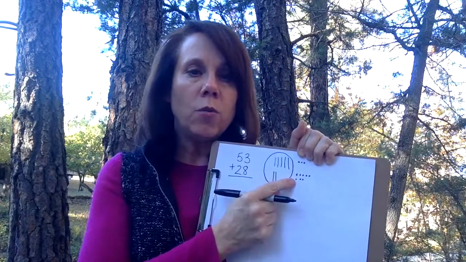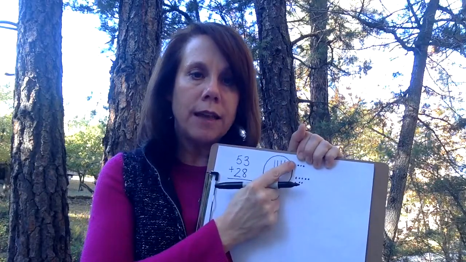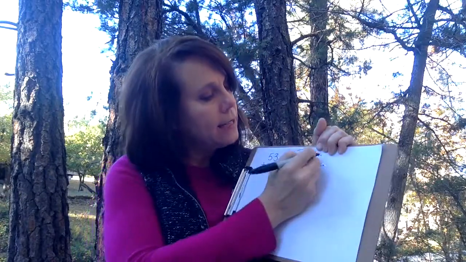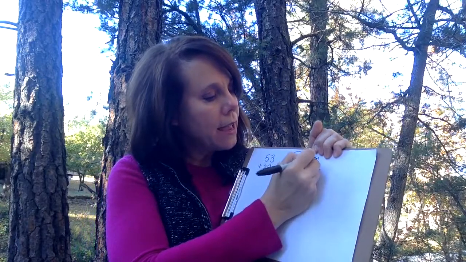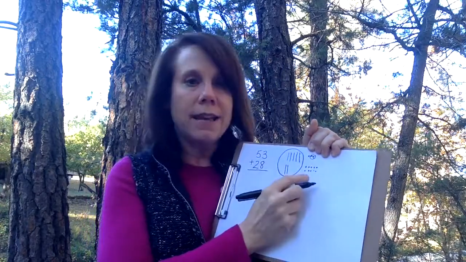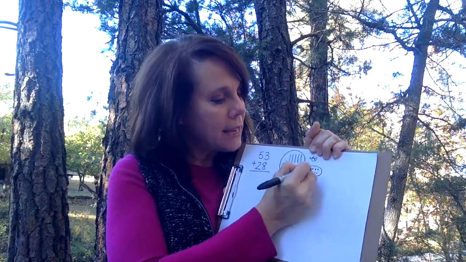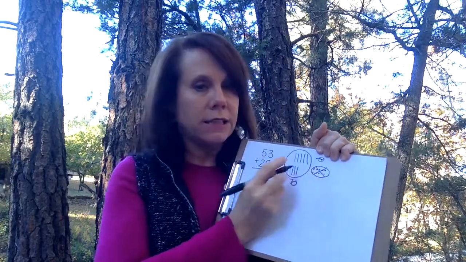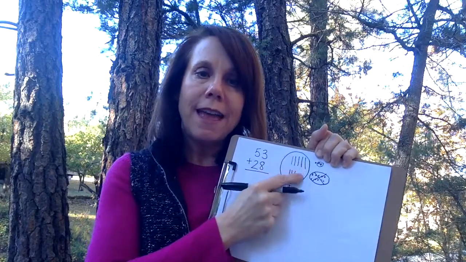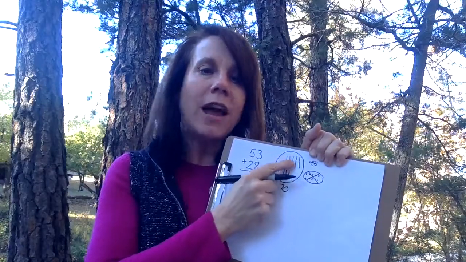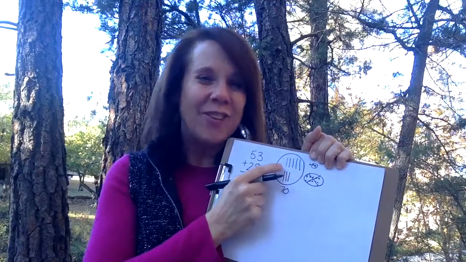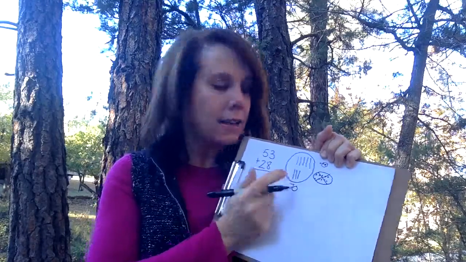And then over here on the ones place, I can see that I have 3 and 8. I can take 2 of these and move them down here to make a 10. And once I've made a 10, I can move that 10 over here to the tens place. So now I don't have 70, I have 80. I no longer have 7 tens, I now have 8 tens.